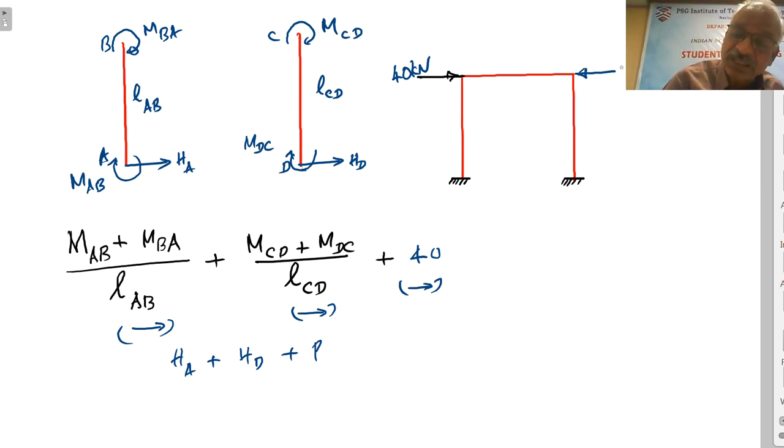Let us call this P, or P suffix S, some notation we can give. Now when you write the equilibrium equation, we have to add this also, acting in the opposite direction. So P equal to 0. That is an addition here.